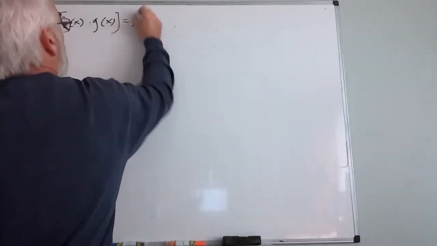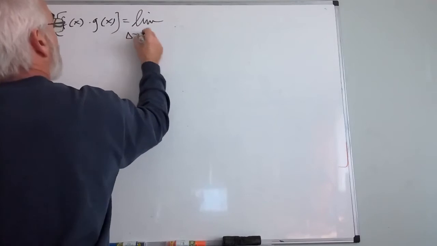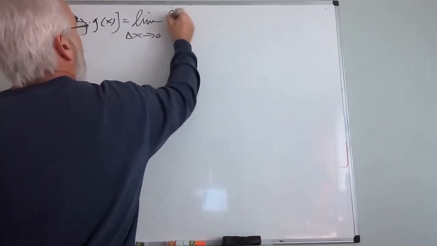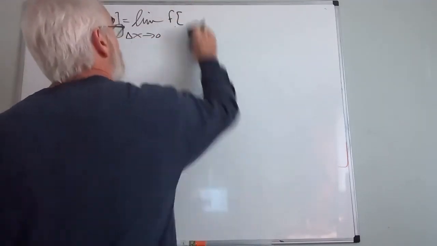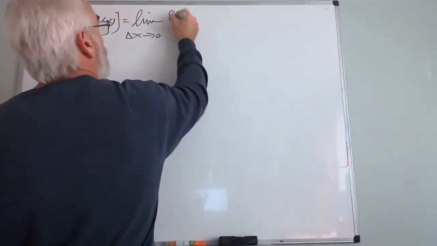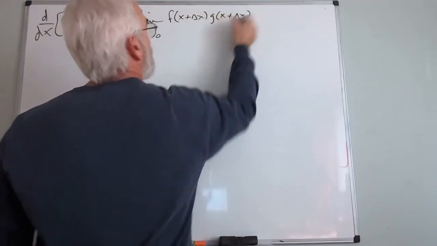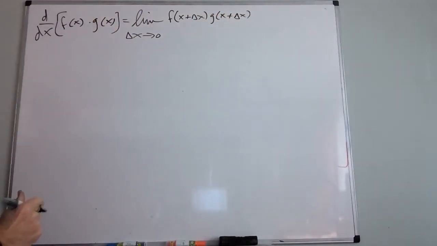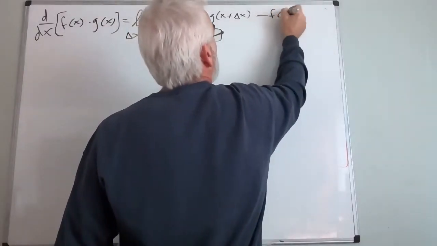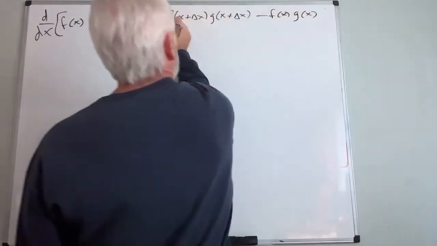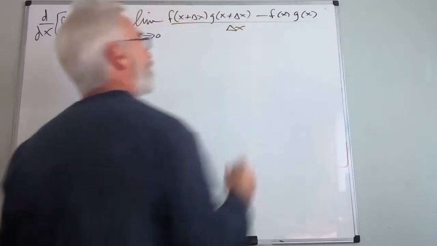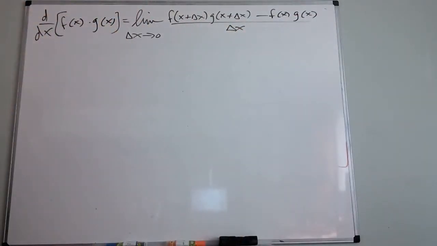So this is going to be the limit as delta x approaches 0 of f of x plus delta x, g of x plus delta x, minus f of x times g of x, all over delta x. Now, absolutely guaranteed, that is the derivative because we just used the definition of the derivative. The problem is, I basically got a dead end here.